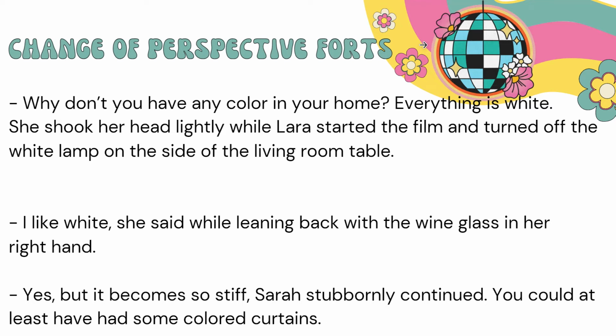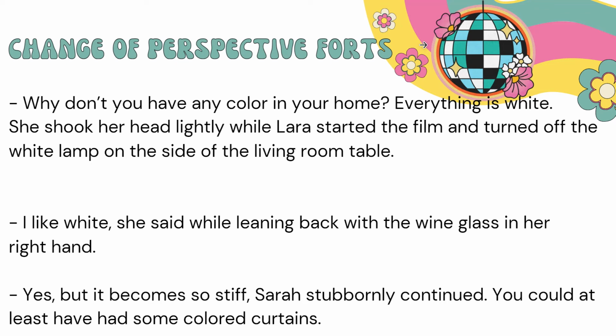She shook her head lightly while Lara started the film and turned off the white lamp on the side of the living room table. "I like white," she said while leaning back with a wine glass in her right hand. "Yes, but it becomes so stiff." Sarah stubbornly continued, she could at least have had some colored curtains.